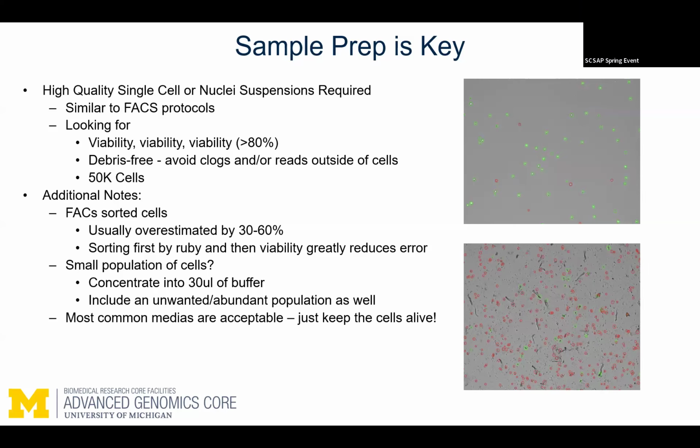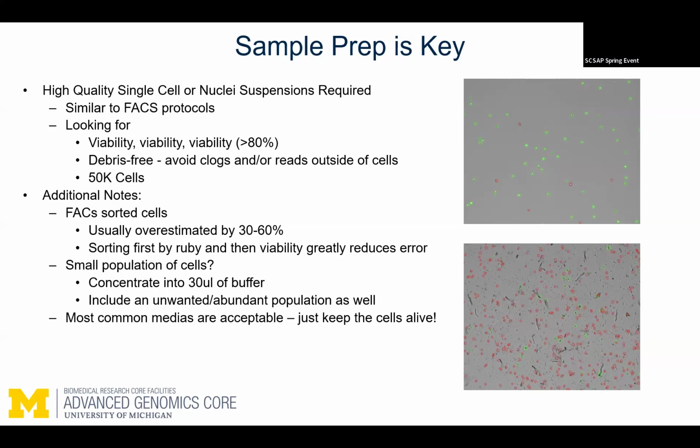Sorry, Dave, but y'all in flow overestimate your cell counts by 30 to 60%. By the time they get to the core, no, you do not have 100,000 cells. You maybe have 50,000 cells. So we always say sort as many cells as you can so that you have enough, provided that some are going to drop out there.